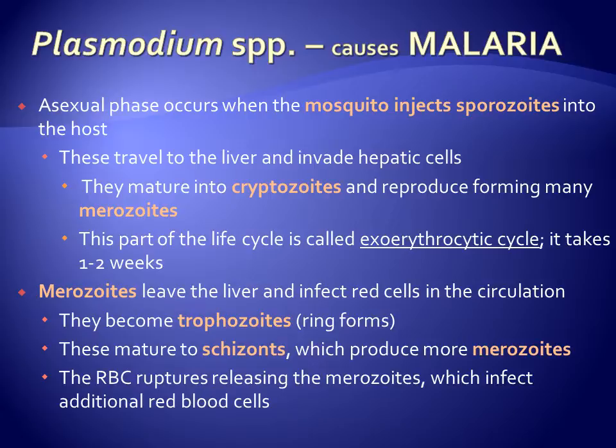And when the merozoites are ready to be released from red cells, they rupture those red cells, and each one is infective and has the ability to invade a brand new red cell. So once these are in the human body, they're reproducing asexually within the red blood cells.